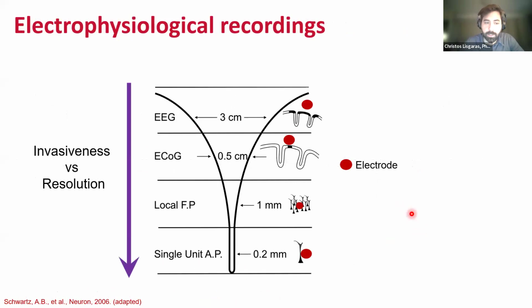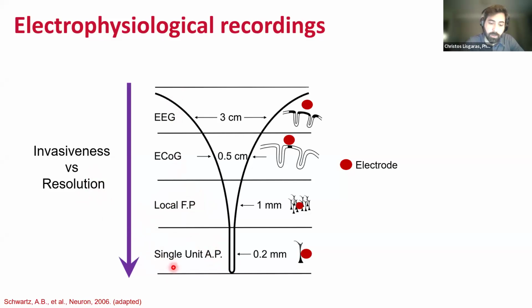Electrophysiological recordings can be done at various different levels. So for instance, we can record the EEG from the scalp. We can record the ECoG from the surface of the cortex. We can record the local field potential as well as single unit activity. But all of these approaches have a trade-off between how invasive we want to be to the brain versus the resolution.